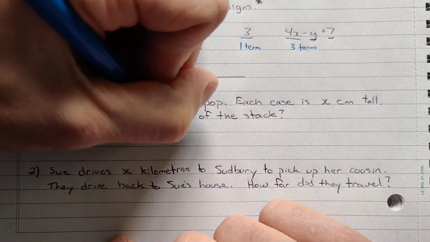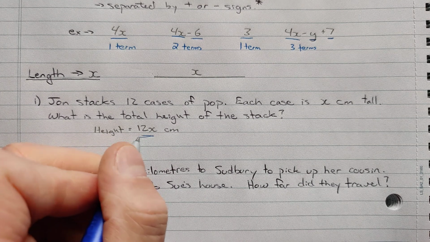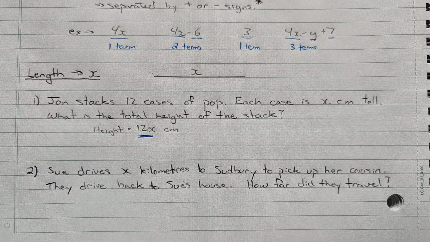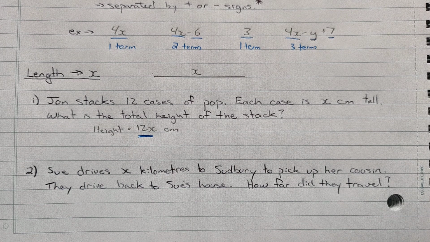And in this case, our units would be centimeters. So our height is 12X. And that is our single term representing height, 12 times X. And again, we don't put the times sign in there. The reason why we tend to avoid that with variables is because we often use X, and X looks like a times sign, depending on how you write your X's.